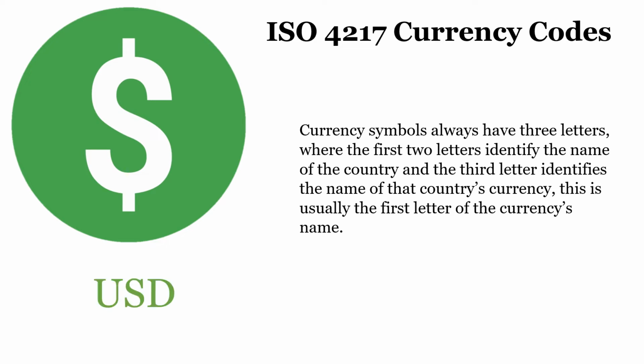Looking at this example, USD, the first two letters identify the name of the country. For USD, it is the USA, which is the first two, so US. And then the third letter identifies the name of the country's currency. This is usually the first letter of the currency's name, in this case, the dollar.